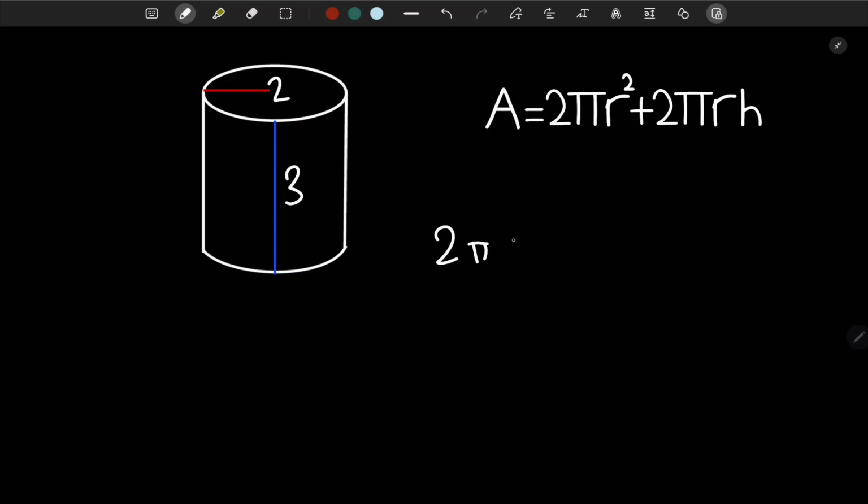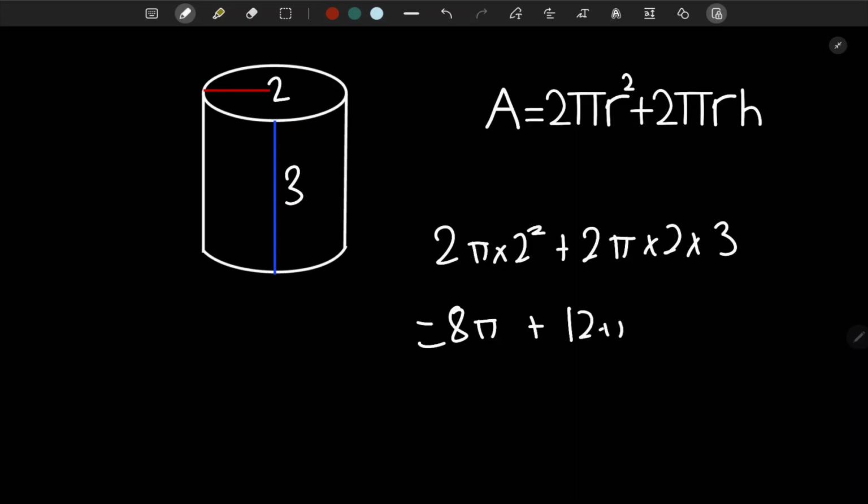It's going to be 2 pi r squared, so 2 pi times 2 squared, plus 2 pi r again, where r is 2, and height here is 3. So now just simplify this. It's going to be 4 times 2, 8 pi, plus 4 pi times 3, so that's 12 pi, and the final answer would be 20 pi.